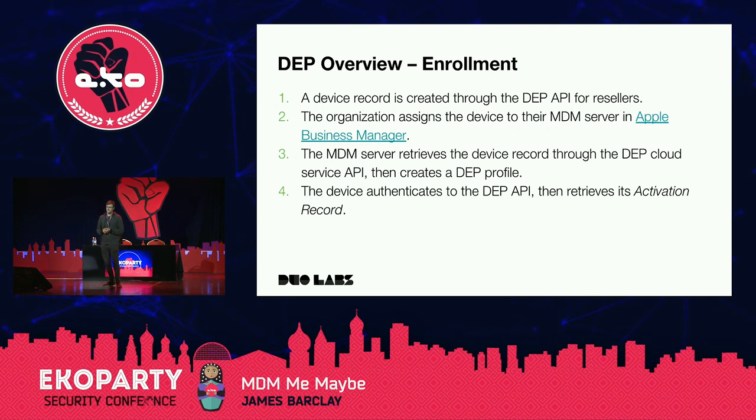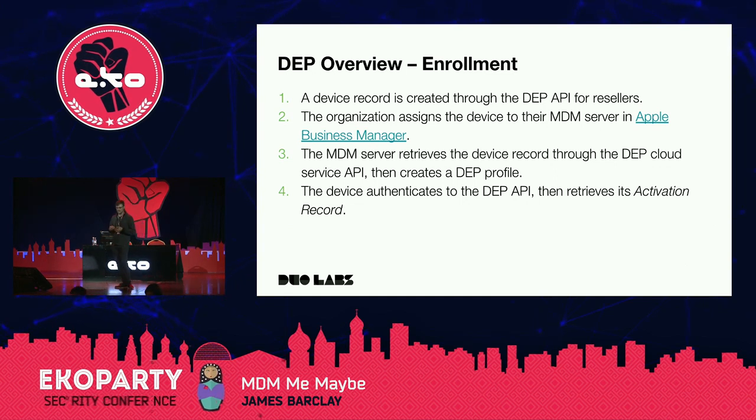Then the organization needs to assign the device to an MDM server in the Apple Business Manager portal. Next, the MDM server will retrieve the device record through the Cloud Service API, and then will create the DEP profile. Then the device will authenticate to the DEP API and retrieve what's called an activation record.